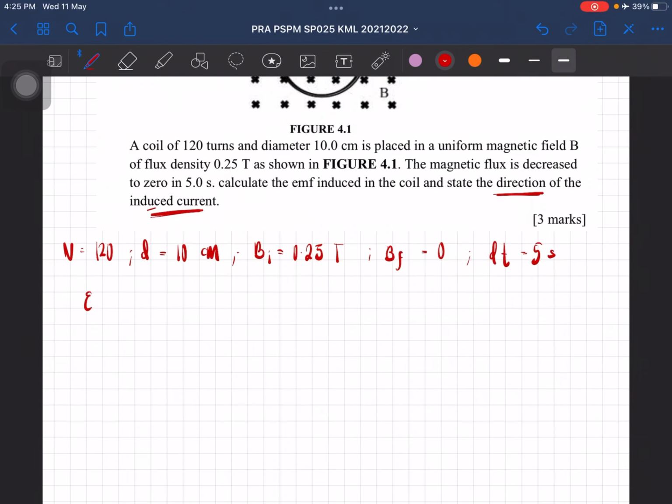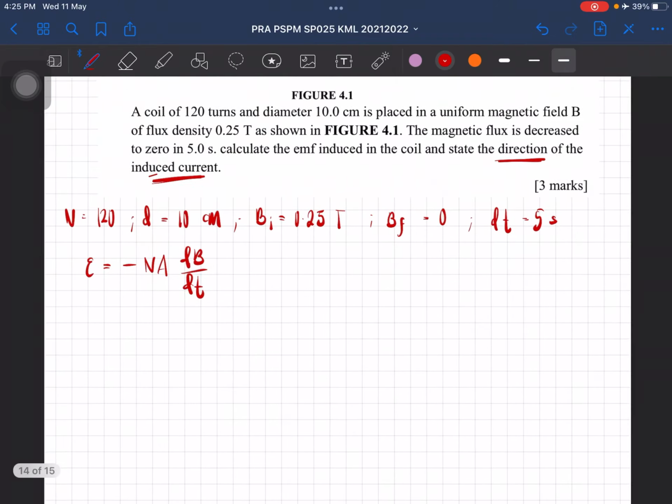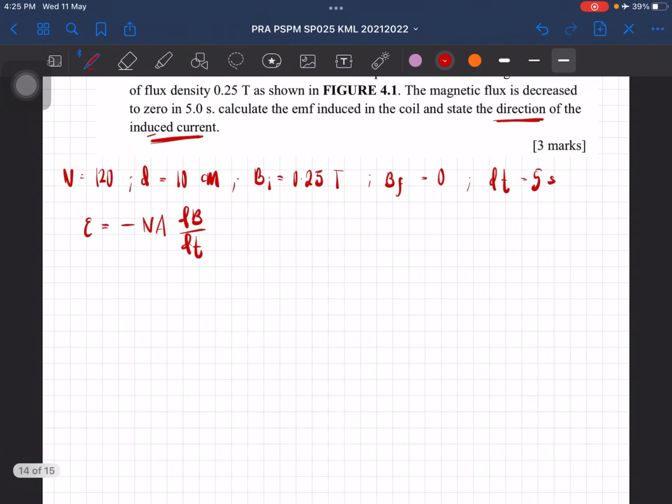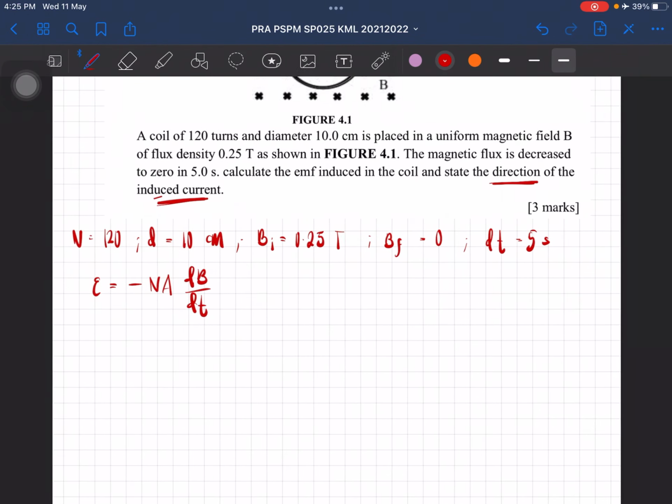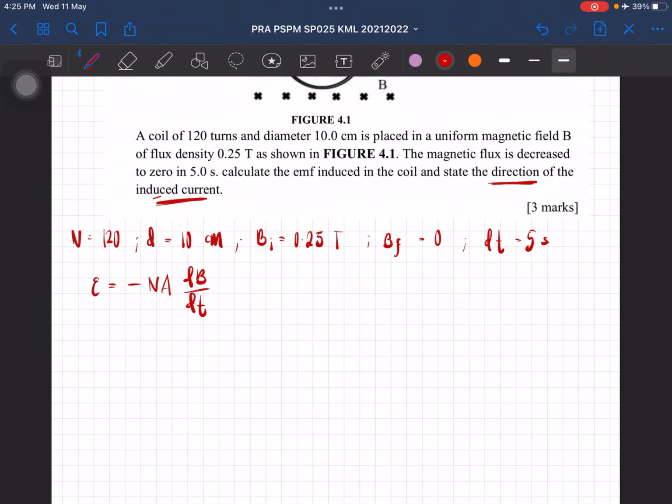Okay, so induced EMF in the coil, we can use the formula negative N A dB over dt. This is the rate of change of magnetic flux. So this one, first we need to calculate the value of... no, we don't have to calculate anything.